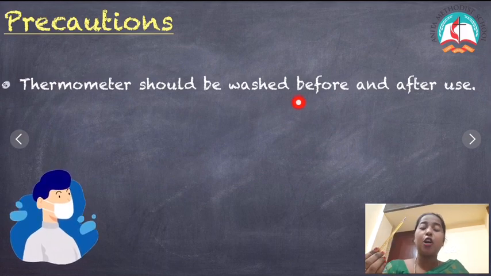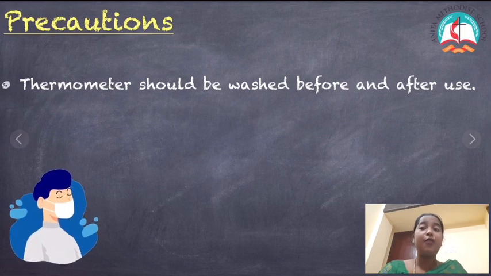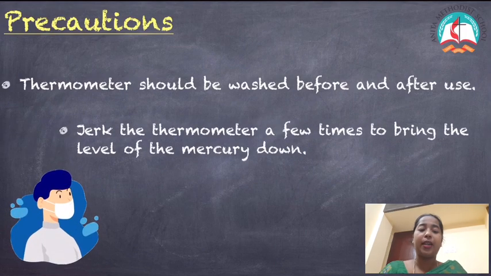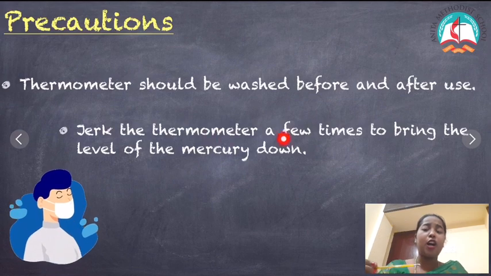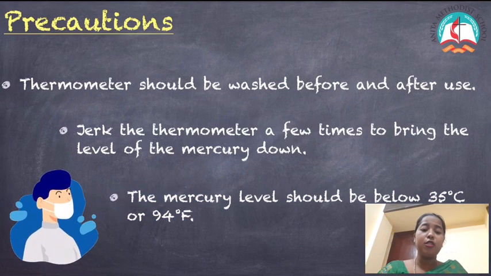The thermometer should be washed before and after use, preferably with an antiseptic solution. Jerk the thermometer a few times to bring the level of the mercury down. Before use, the mercury level should be below 35 degrees Celsius or 94 degrees Fahrenheit.